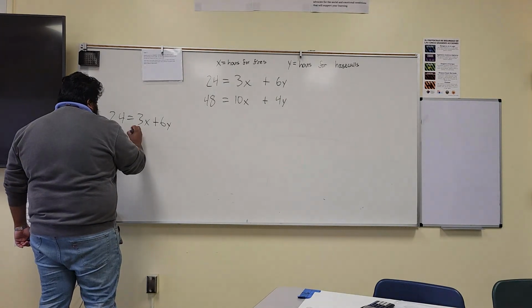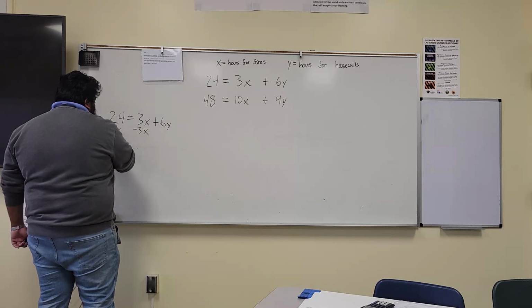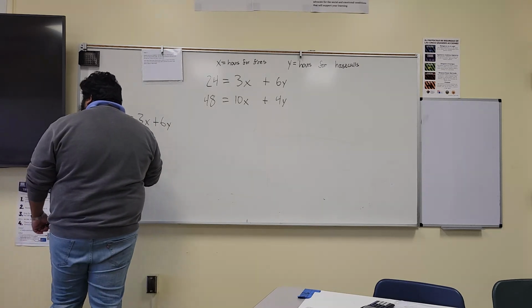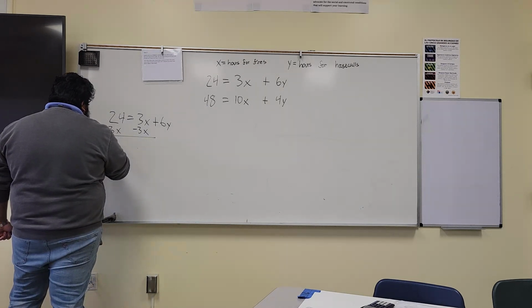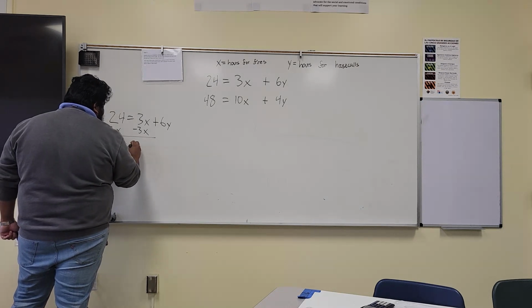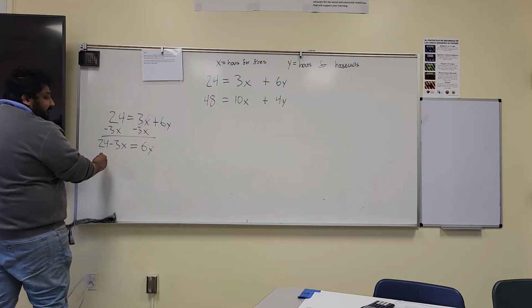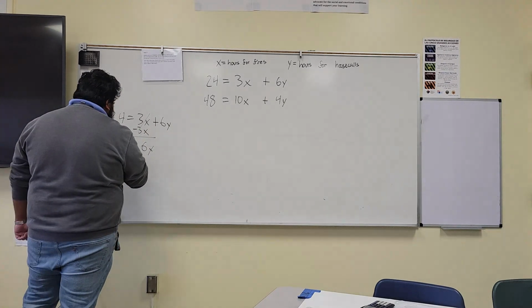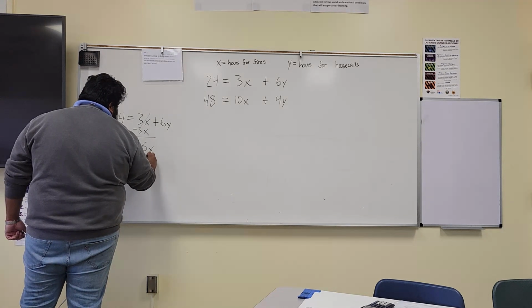So we're gonna subtract 3x from both sides. These are gonna cancel out and we're gonna have 24 minus 3x on this side. And then we're gonna divide both sides by 6.